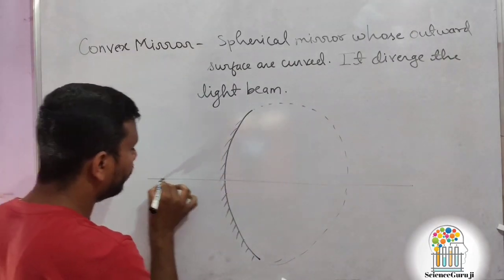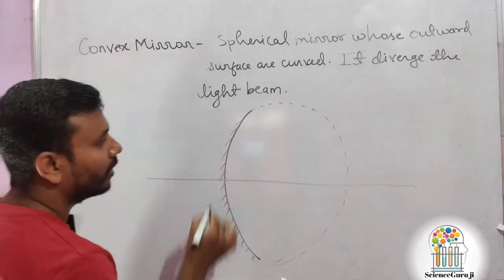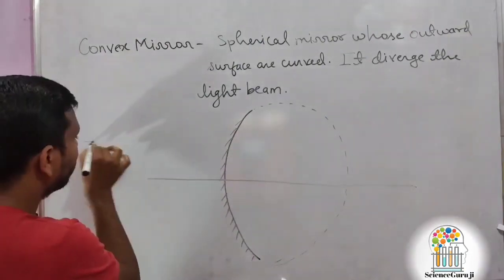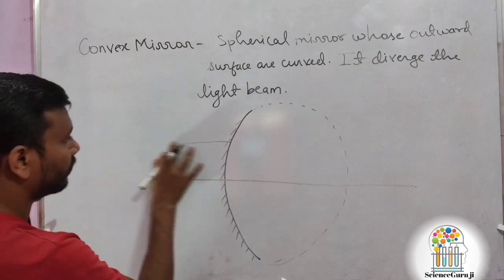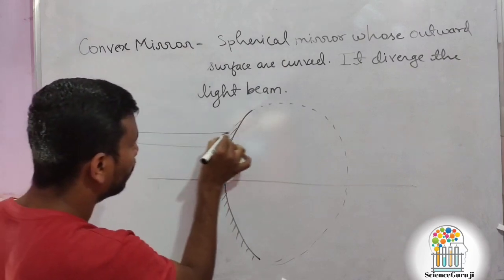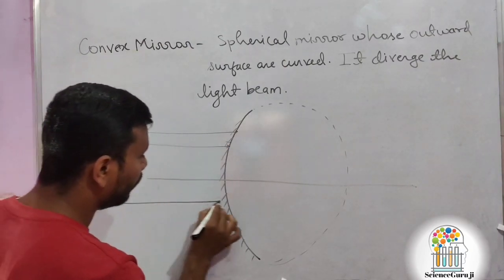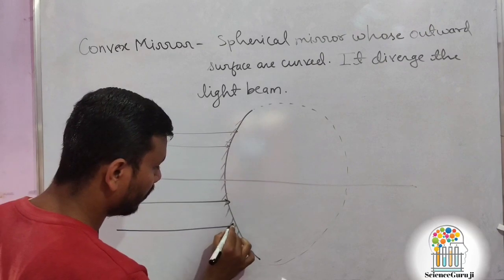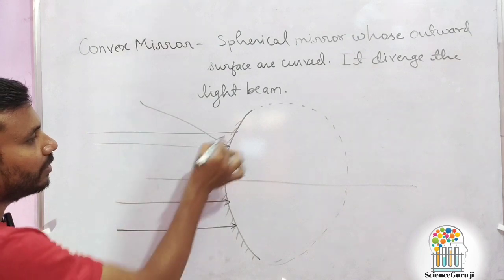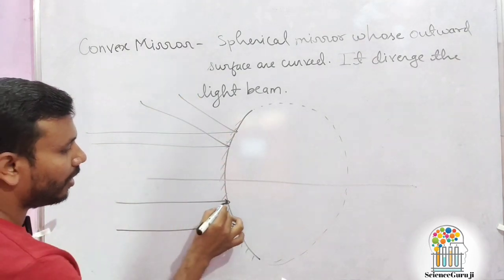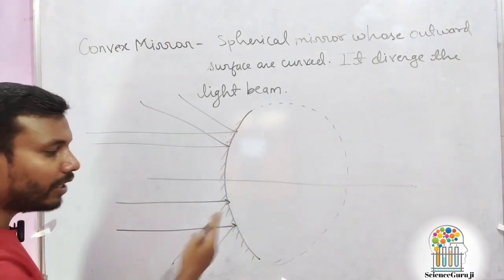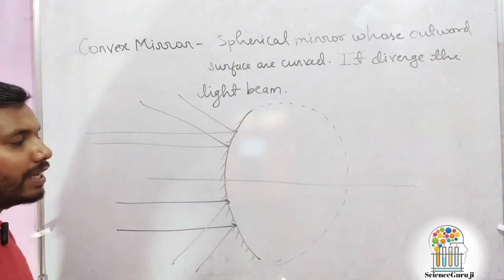This one is our plane surface. Suppose some kind of light is coming from a source. After striking the surface, it goes back to the same medium but in another direction.